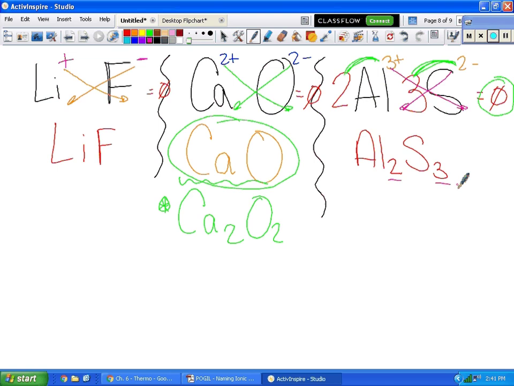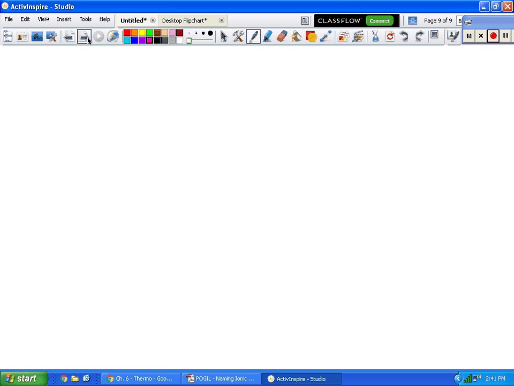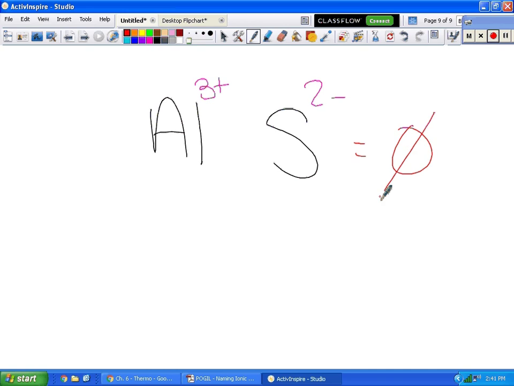That tells me that I've got 2 aluminums. This right here. If I want to set this thing equal to 0, right now I've got 3 positives and I've got 2 negatives.